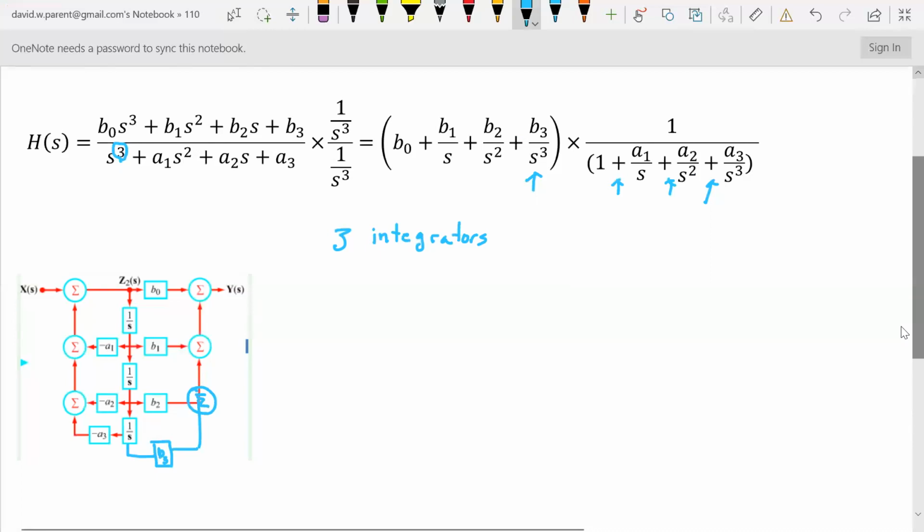So there's 1, 2, 3, 4 constants that are all being added. So you definitely need a summer, but you don't need 1, 2, 3 summers.